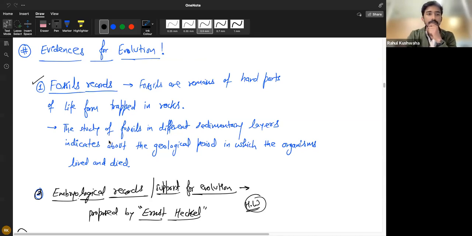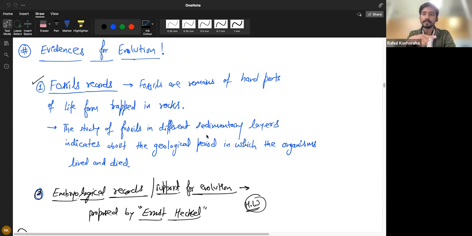So we can say that life was very different back then, but still it was connected to what life is currently. Fossil records are the remains of the hard parts of life, as you can see here, trapped in the rock. When we study the fossil records in different layers of earth, it's like looking at a time chart.